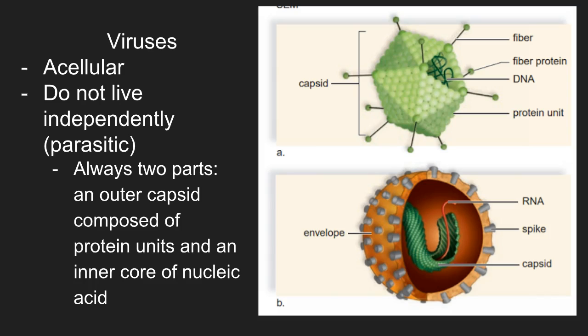Interestingly, as you can see in the diagram here, this is out of your book, by the way, 7.4, I believe. There's also some cool electron microscopy of viruses that you can see there. But viruses do not always have to have DNA. They can sometimes have RNA as well, which makes them even cooler, I think.